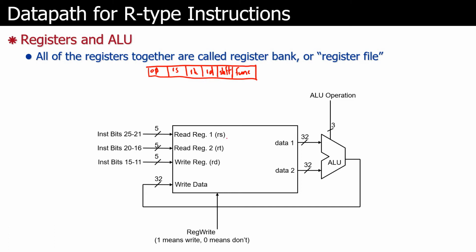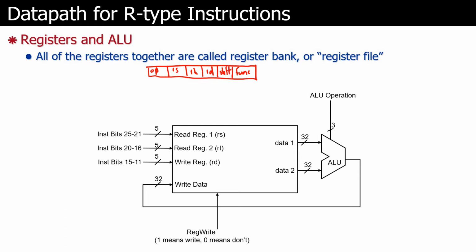Those are conventionally RS and RT, and a write register. And the way that this is implemented is, if you'll remember, we saw in previous lectures that you can basically implement this as a big table lookup. So this is really a multiplexer with 5 bits going in, and then telling this register file which of the 32 registers it wants you to do work with based on that.